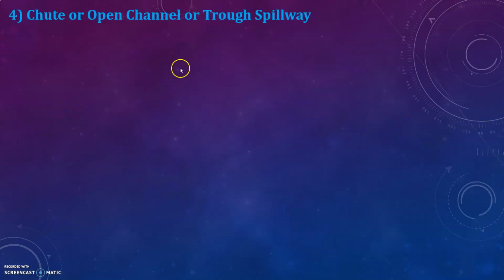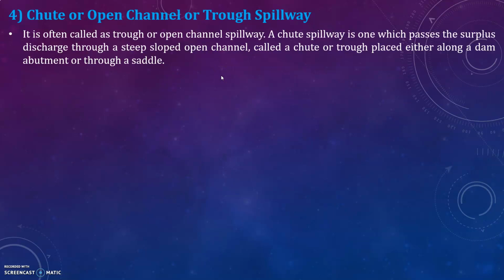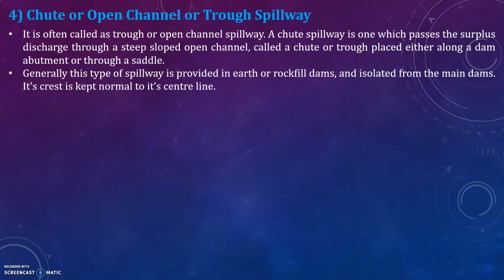Next one is chute or open channel or trough spillway. It is often called trough or open channel spillway. A chute spillway is one which passes the surplus discharge through a steep sloped open channel called a chute or trough, placed either along a dam abutment or through a saddle.